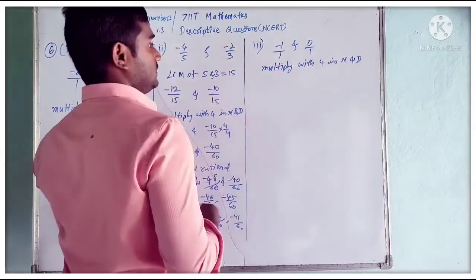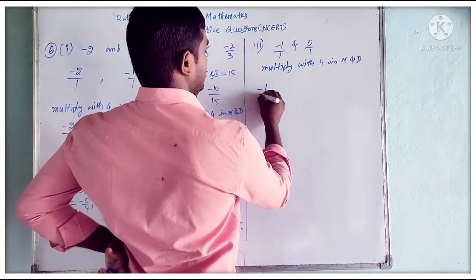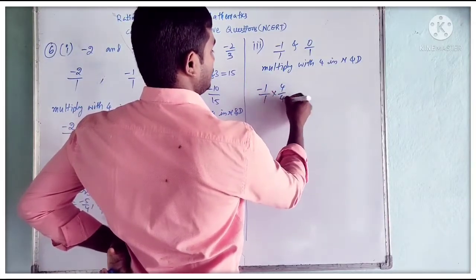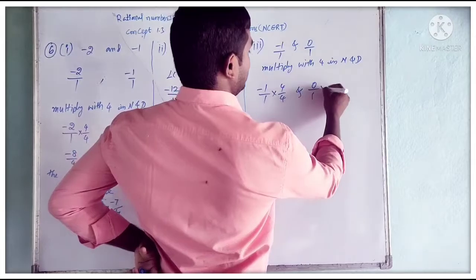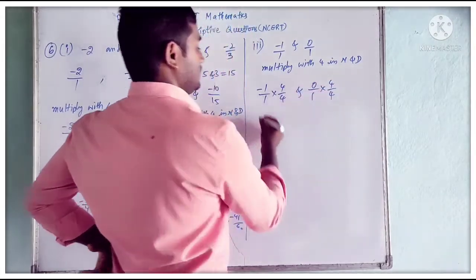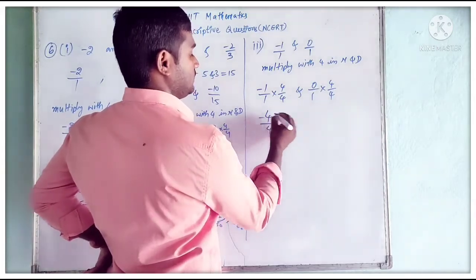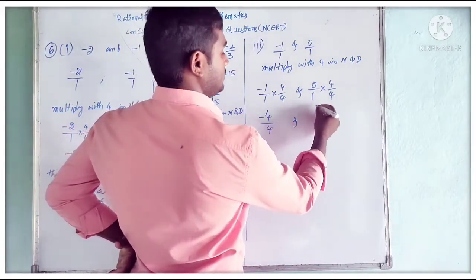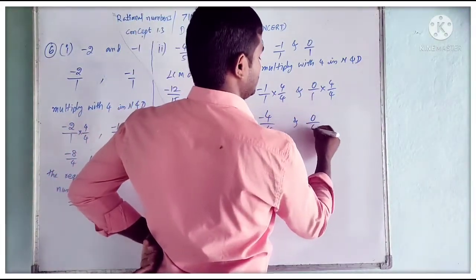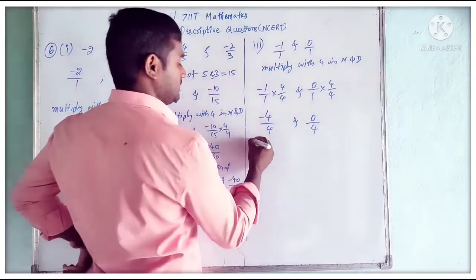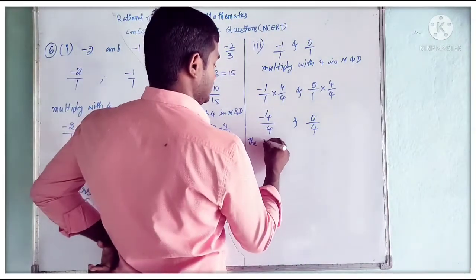It becomes minus 1 by 1 into 4 and 0 by 1 into 4. So minus 4 by 4 and 0 by 4.